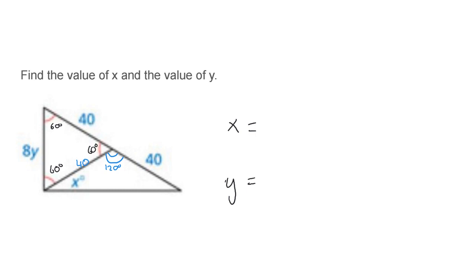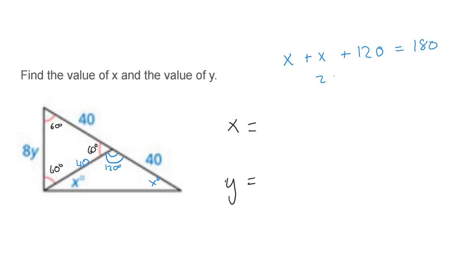Okay, so finding x now. I have enough info to solve for x, believe it or not. So if I know that this one's 120 and they're isosceles, that means this is also the same measure. So applying that, I have x plus x plus 120 equaling 180.